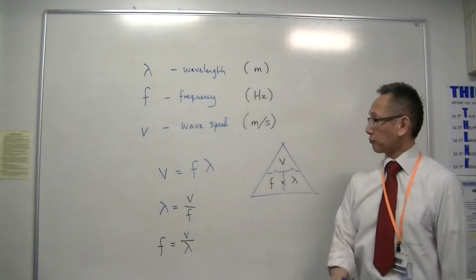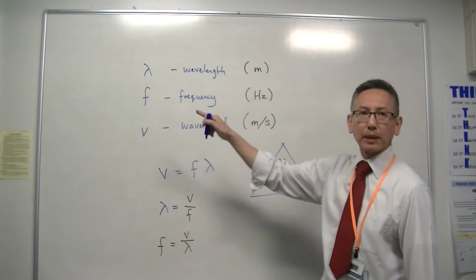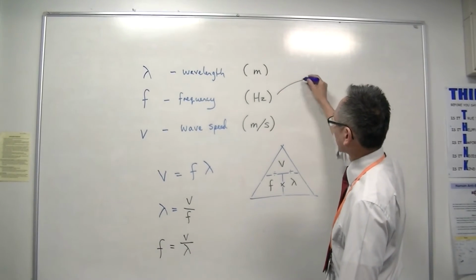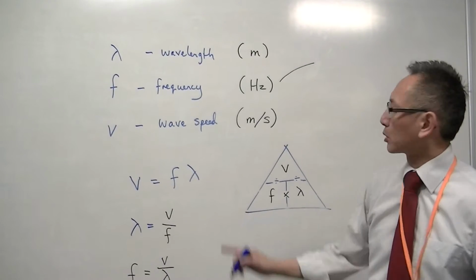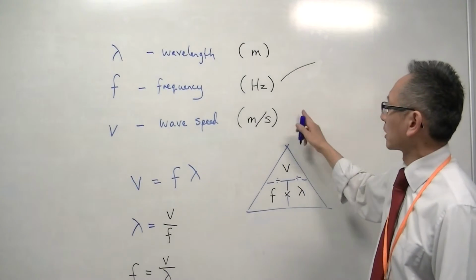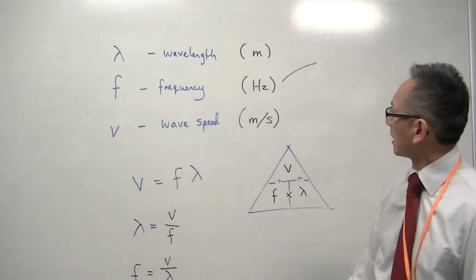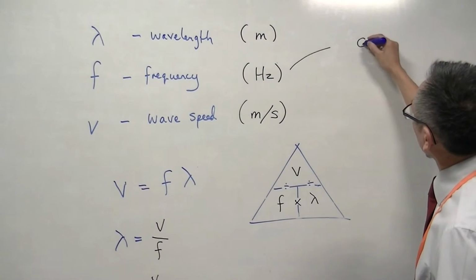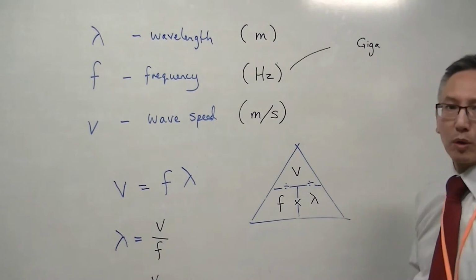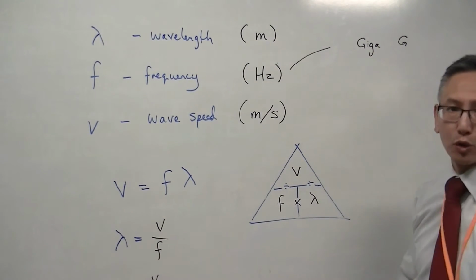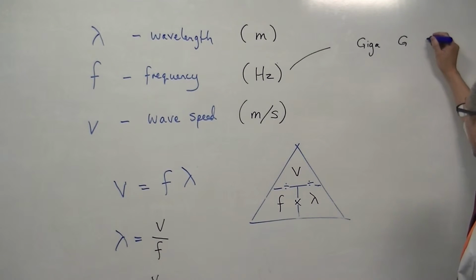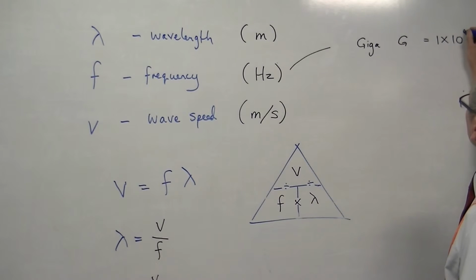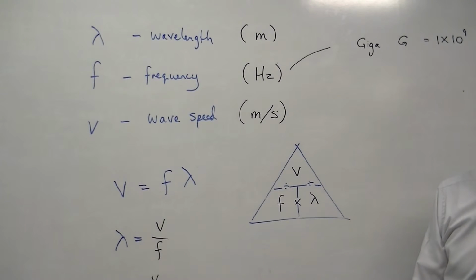One more thing. For the higher papers, the tricky bit is they will often give you wave frequencies using some other forms of units of frequency or some other forms of units of wavelength. And you need to know something about these. For example, in frequency, you might be used to the word giga, or capital G for short. Now, giga in maths is simply this standard form, 1 times 10 to the power 9.